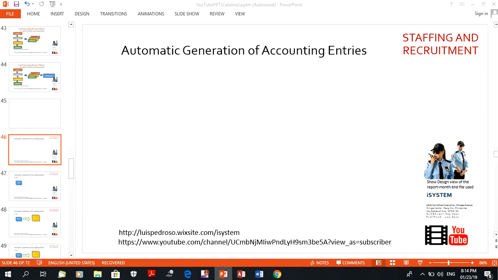Now, most systems will provide you, let's say, a payroll program. It will provide you the necessary payroll reports, but it will not provide the accounting entries that should be generated from the payroll and brought to your GL system. Why is that?